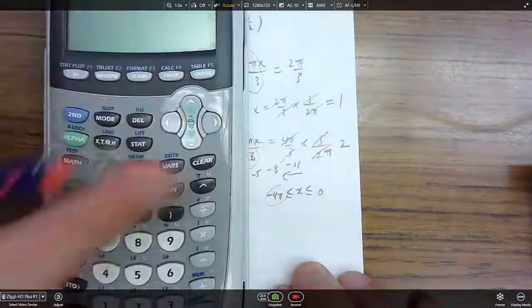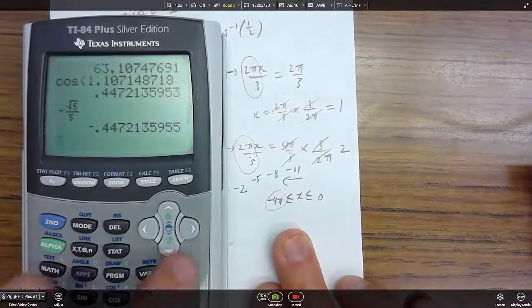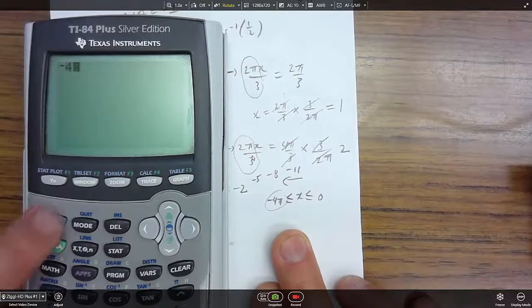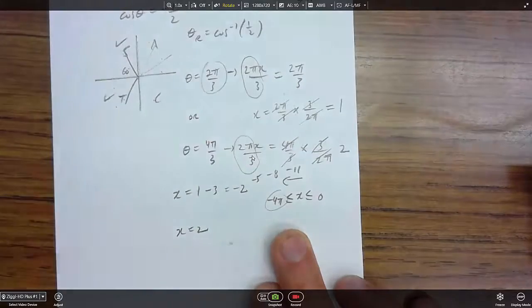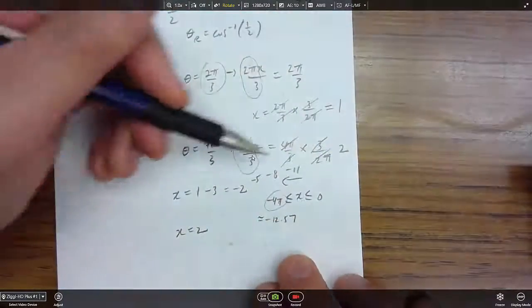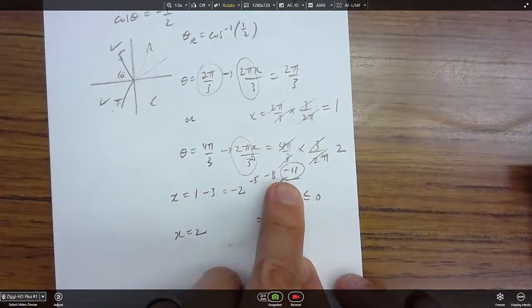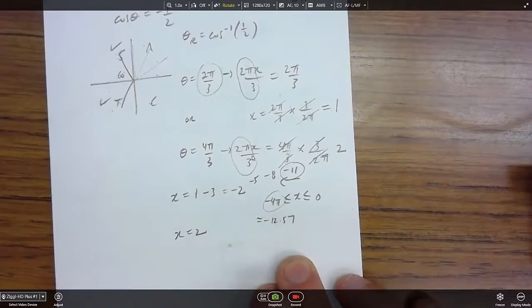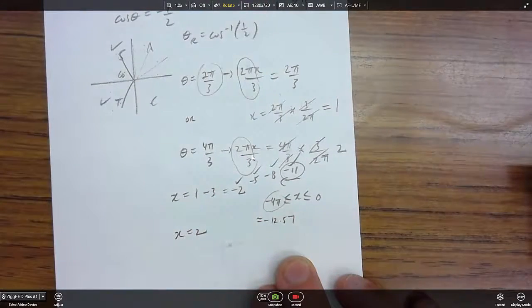This is where we have to understand that pi is just a number. Negative 4 pi is approximately negative 12.57. So you just keep on going. If I subtract another 3 from negative 11, that's negative 14, and we're out of bounds. So negative 2, 5, 8, 11, these are all possible solutions.